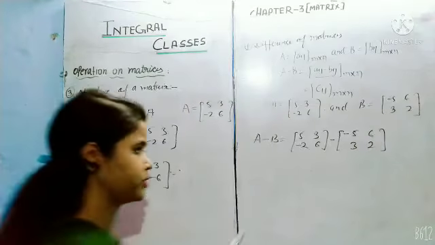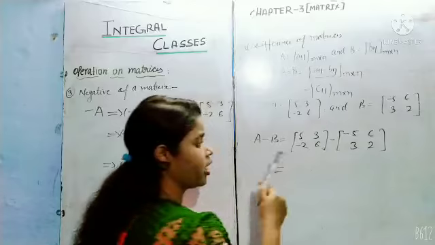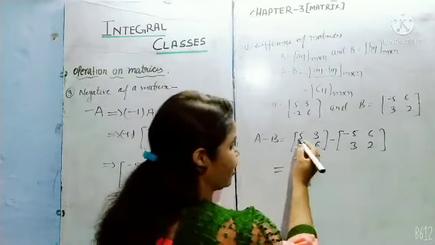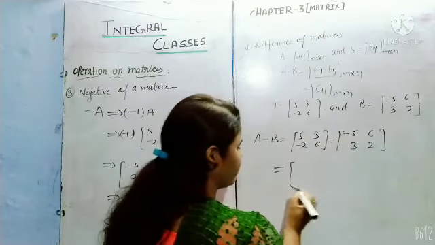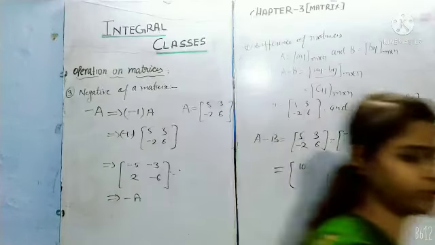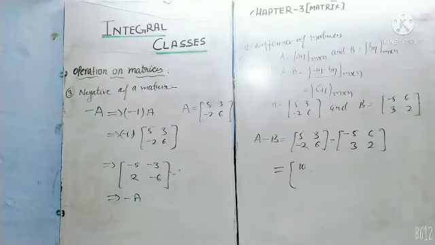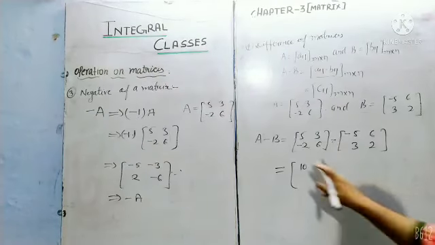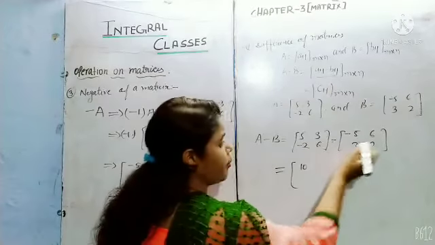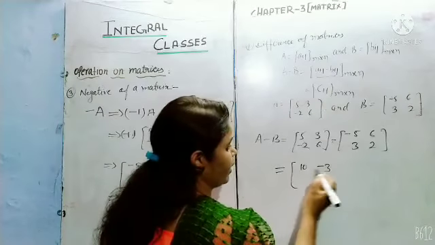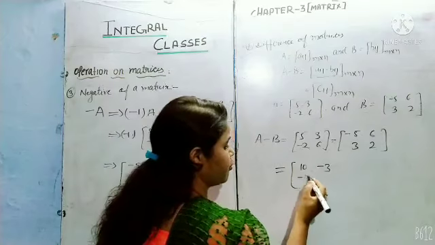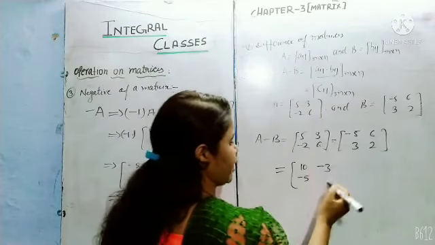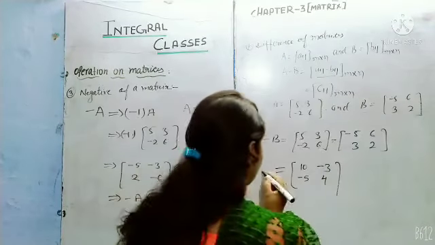Now we will find A minus B. So we write 5, 3, -2, 6 and -5, 6, 3, 2. Now we subtract, so corresponding elements are subtracted here. 5 minus -5, so 5 plus 5 becomes 10. 3 minus 6 equals -3. -2 minus 3 is -5. 6 minus 2 is 4. So it is C.